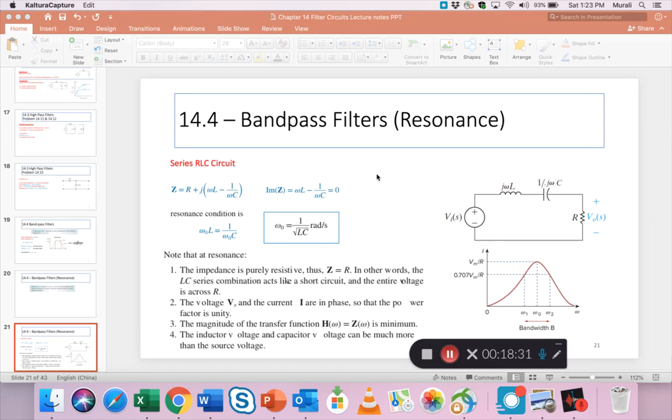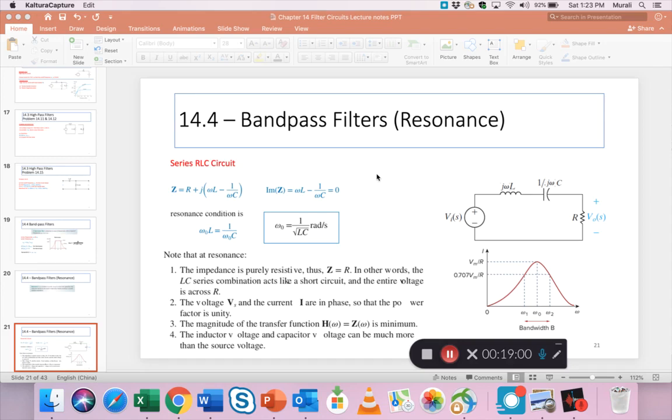And for the resonance condition, you equate the two, and so you come up with a value for when this happens. The omega 0 happens when its value in radians per second, remember this has to be radians per second, not hertz, is 1 by root LC.